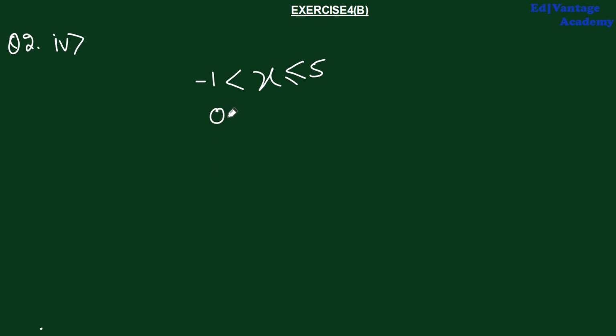In the graph they have shown it starts from -1, goes up to 5, and 5 is shaded, so that's why I put the equal to sign. From here to here are all our values of x, and -1 is not included as it's only a greater than sign here, so I didn't shade it. So this is the answer for the inequation for the given question number 2, fourth part.